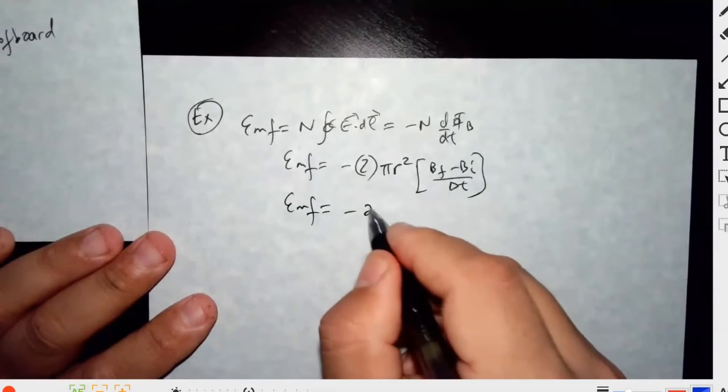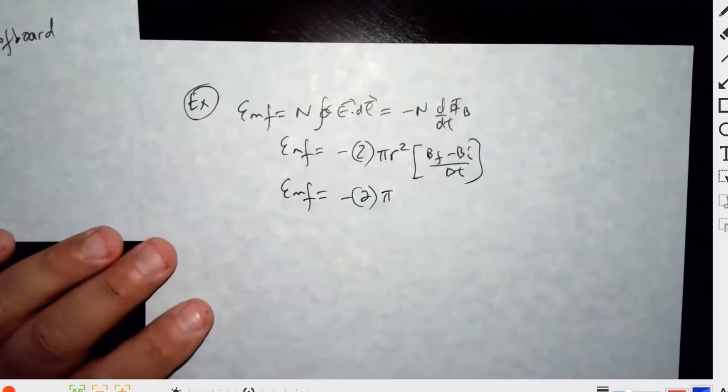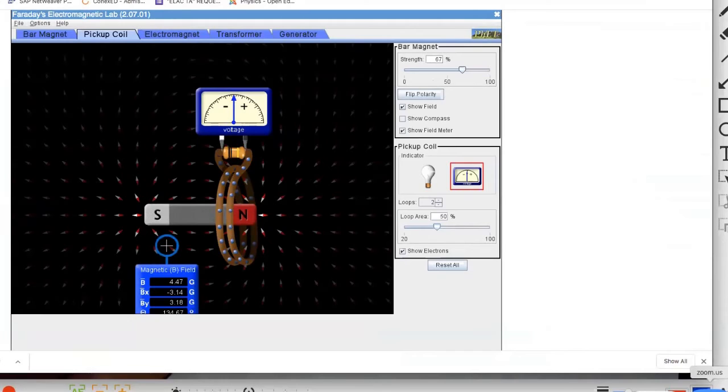Negative the 2 loops. What's the radius of that? I'm going to assume that the dimensions of the simulation are realistic. So from here to here, I'm just going to measure it with a ruler. Let's say the dimensions come out to be 2.5 centimeters.